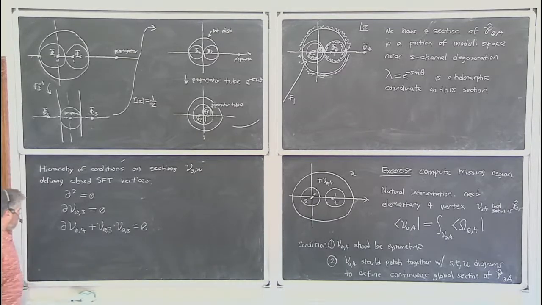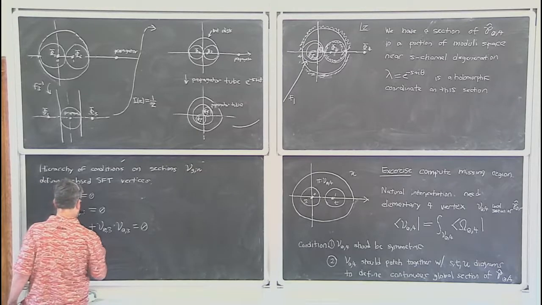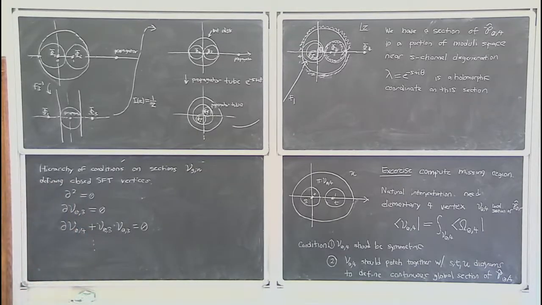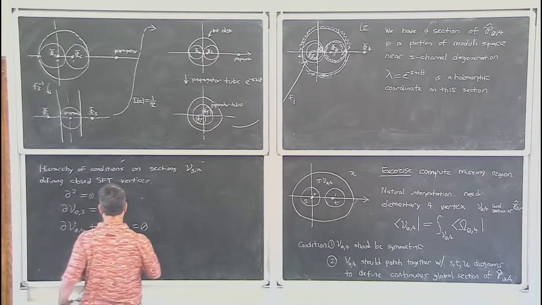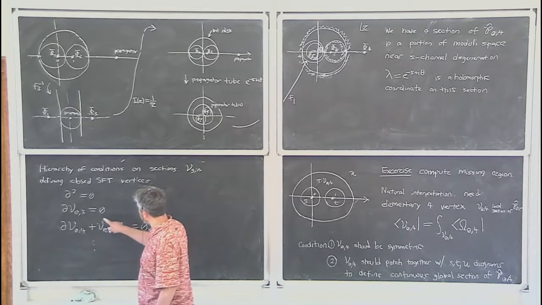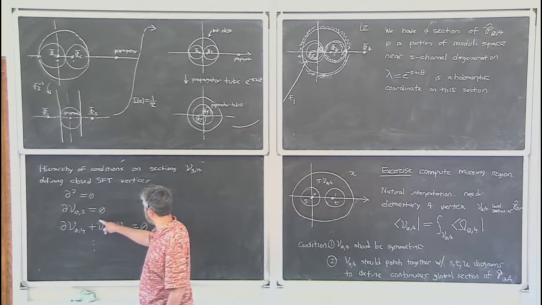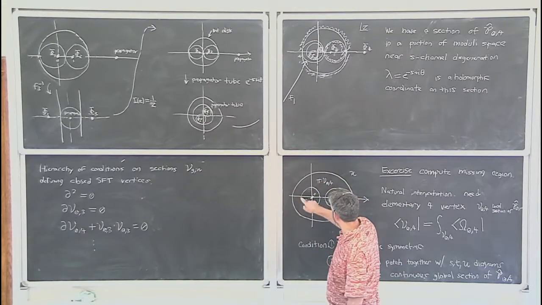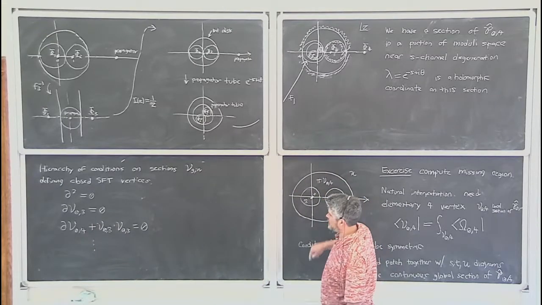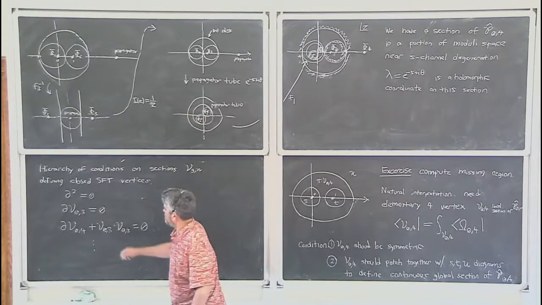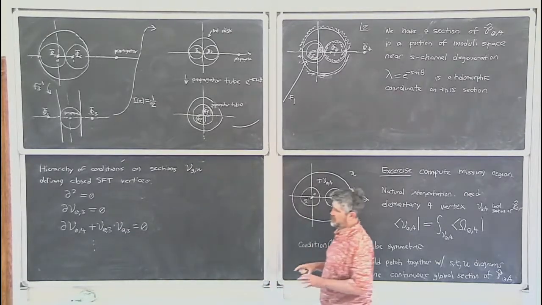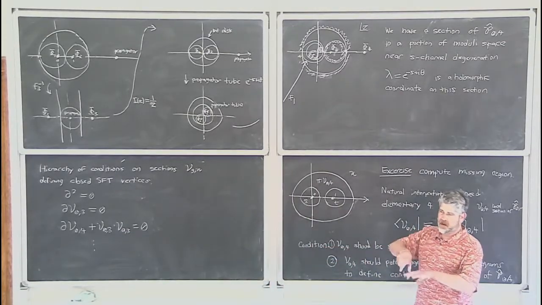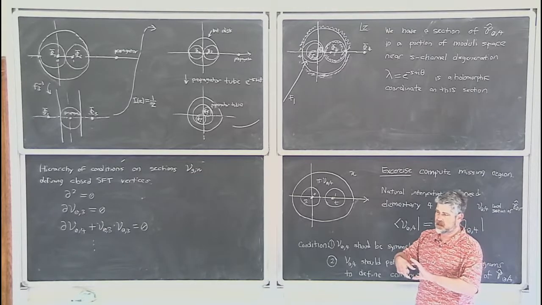And then there's this condition on the boundary of V04, and then there is an infinite hierarchy of higher conditions. So let me explain this. This is a section of P04, which is defined on the interface between these two regions. And this section is defined by gluing your cubic vertices, possibly with some twist angle, okay?